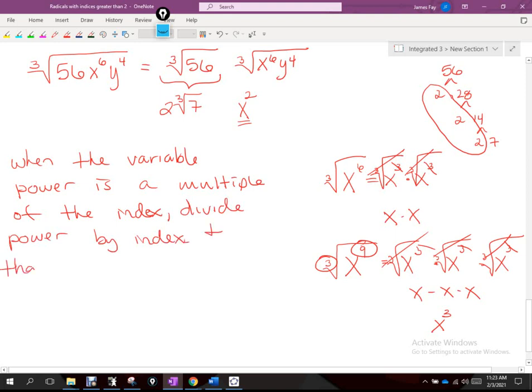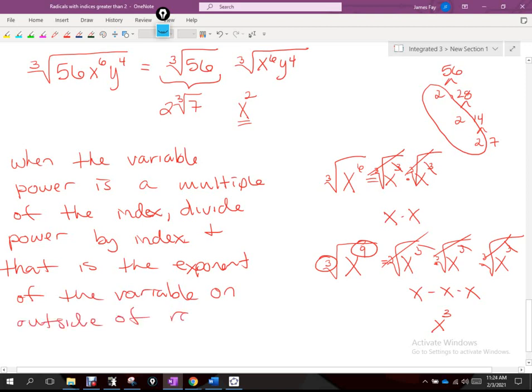And that is the exponent of the variable on the outside of the root symbol. That's exactly what we did.